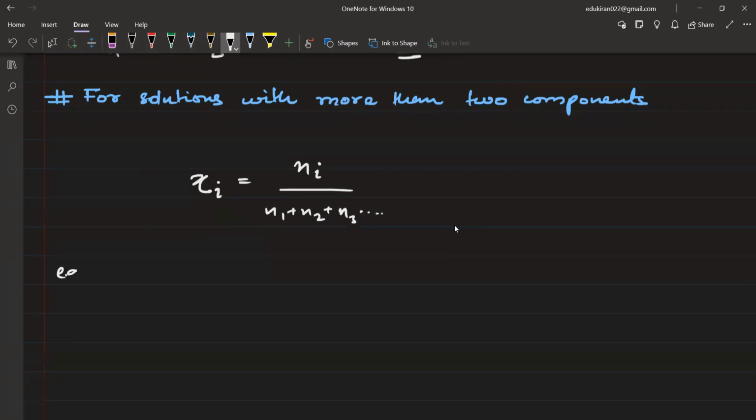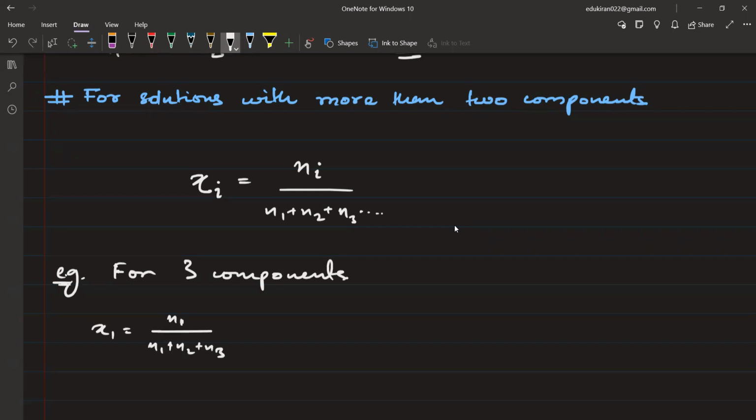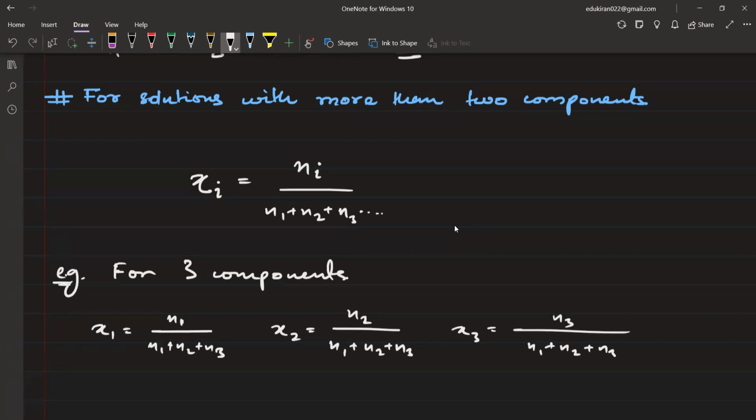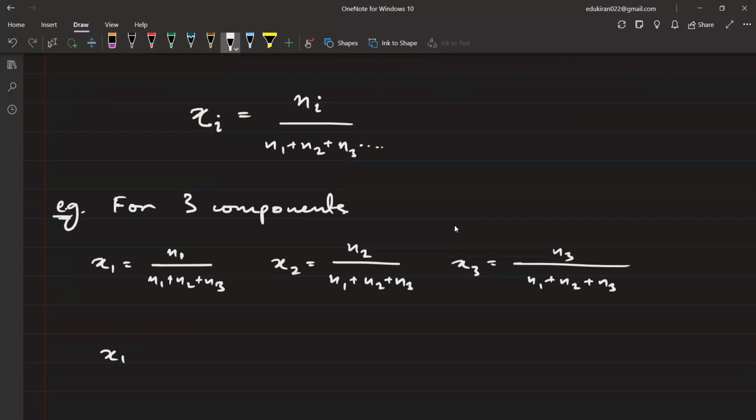Yes. Okay. So for example, if we have 3 components, chi 1 is equal to n1 upon n1 plus n2 plus n3. Chi 2 will be equal to n2 upon n1 plus n2 plus n3. And chi 3 will be equal to n3 upon n1 plus n2 plus n3. Okay, and here chi 1 plus chi 2 plus chi 3 will be equal to 1.